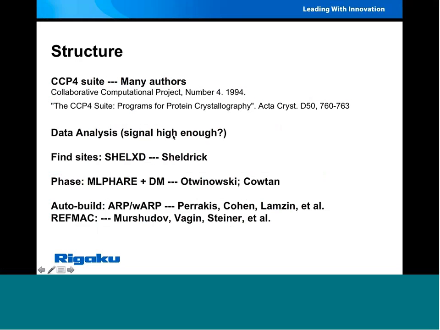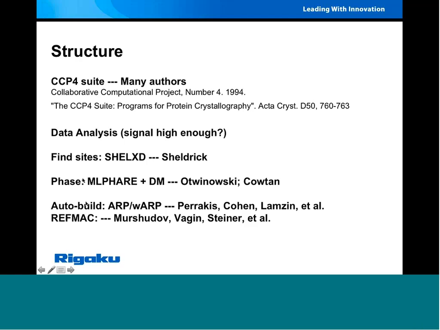I just talked about the data analysis tab to see if the signal is high enough. It's set up to use SHELXD by George Sheldrick and his colleagues to find the anomalous substructure. We'll use that in 3 cases. The phasing is done a number of ways. Today we'll use MLPHARE from Zbyszek Otwinowski and the solvent flattening program DM from Kevin Cowtan, and I'll show you how you can use others.